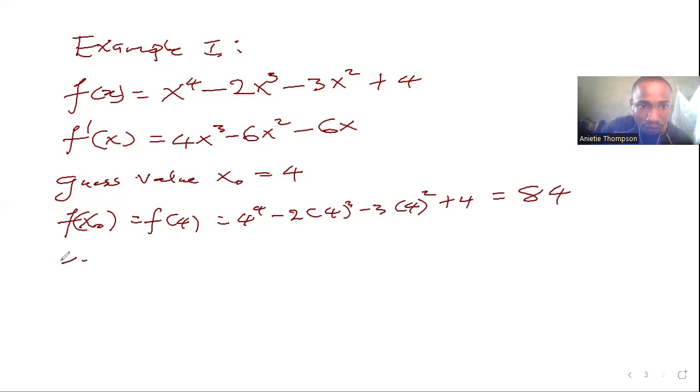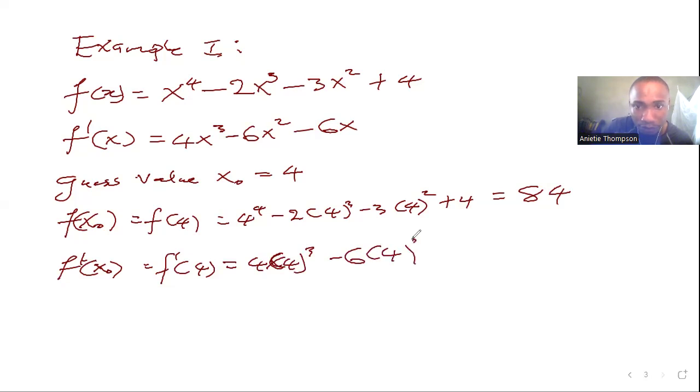And also, we will have f prime of x0, which is the same thing as f prime of 4, which equals 4 into 4 raised to the power of 3 minus 6 into 4 raised to the power of 2 minus 6 into 4.